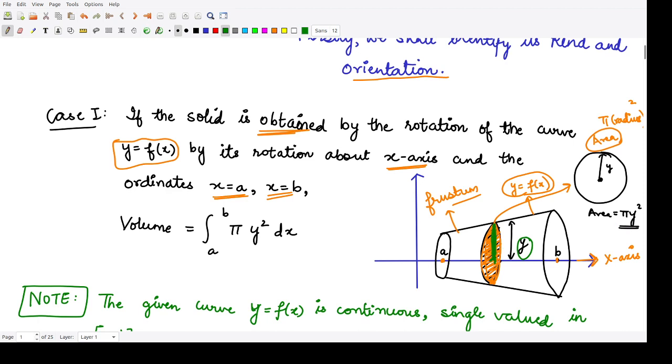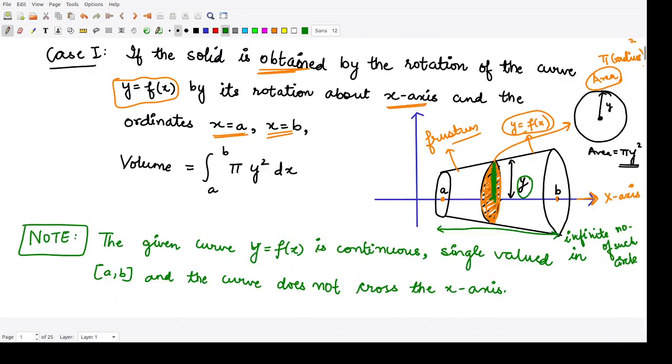And how many such disks are available moving from here to here? We have an infinite number of such circles which would cover the whole volume of this particular solid. So the volume would be obtained by integrating the area of one disk along the whole x-axis.